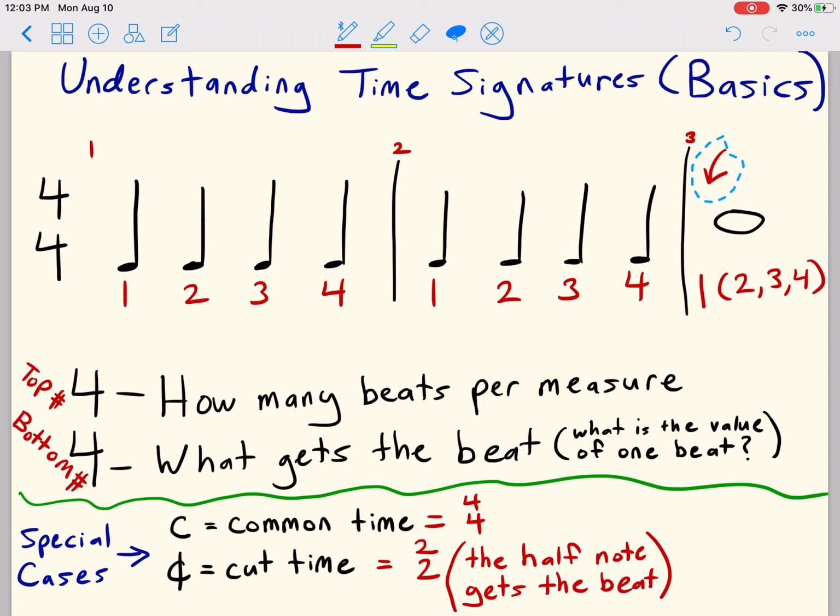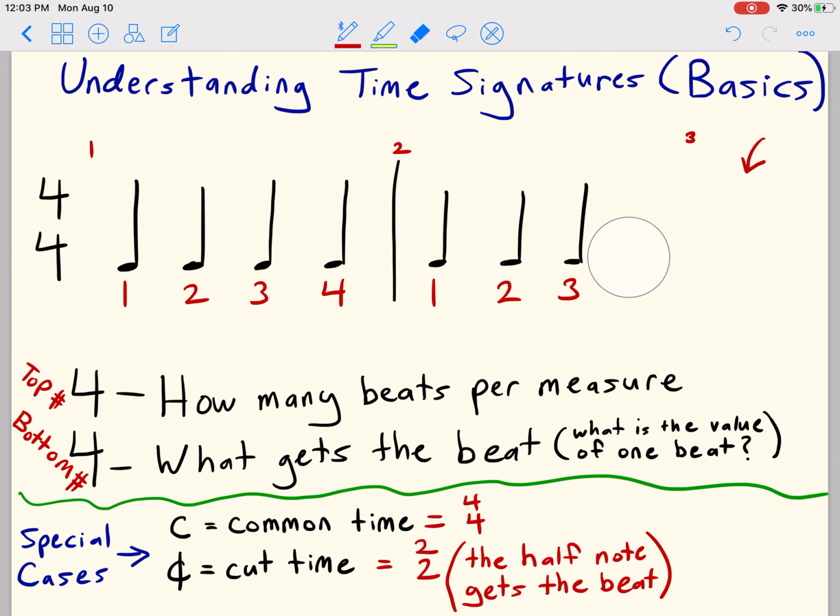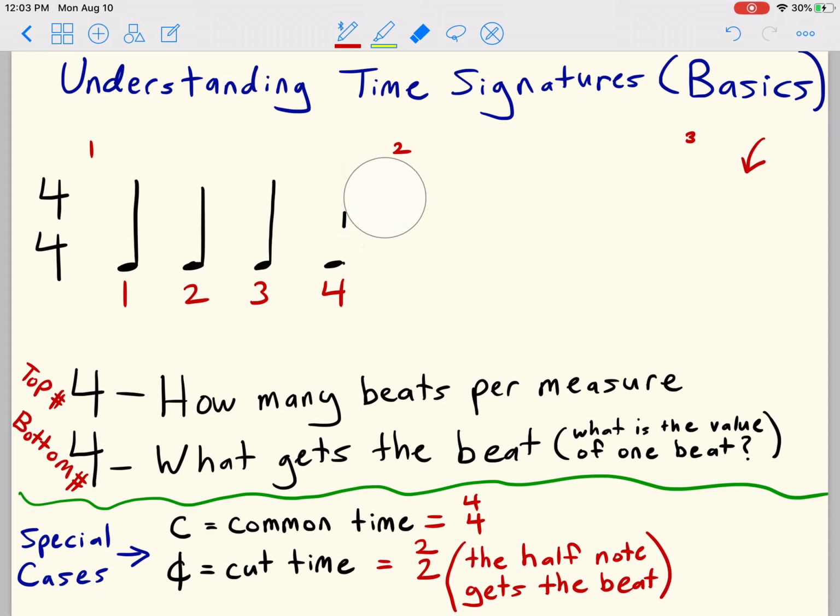Because only 4 quarter notes fit in each measure, and 4 quarter notes fit inside one whole note, this is a complete measure. I'm going to go ahead and erase this example and jump to a couple of other possibilities for time signatures, just to give you an idea of what other possibilities there could be.